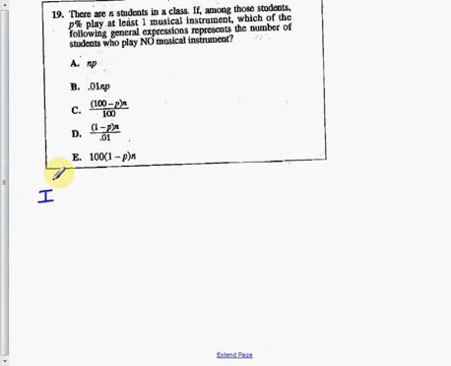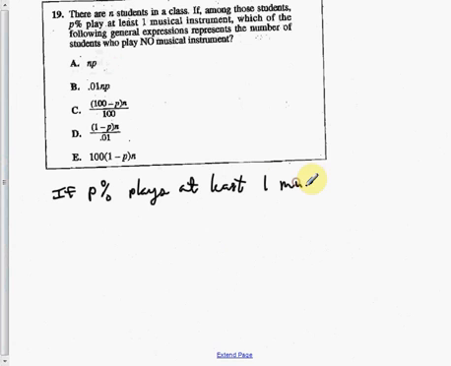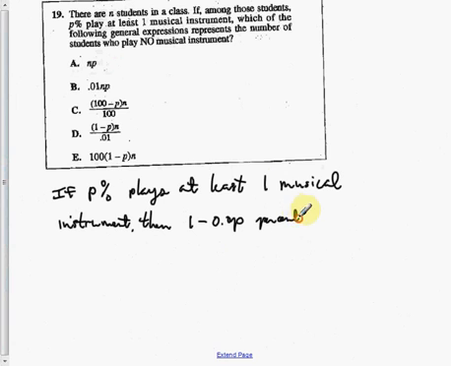So here, if p% plays at least one musical instrument, then what's this here? 1 minus 0.0p percent plays no musical instrument.